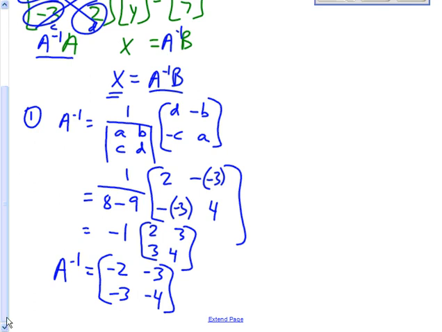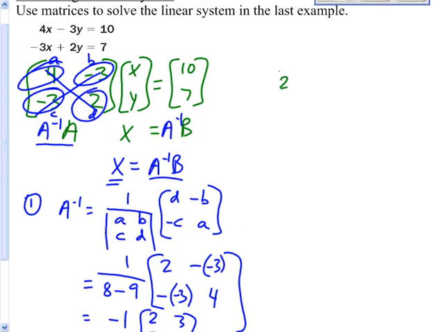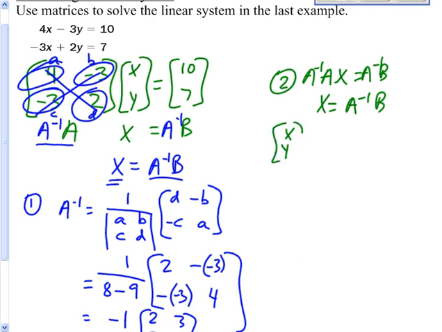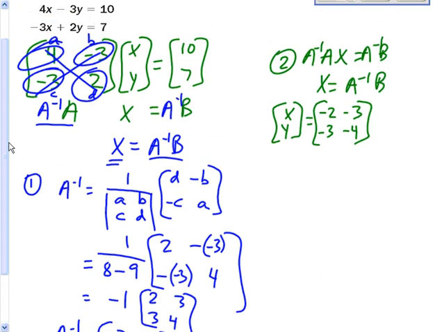Okay, so now let's go to step 2. Since we had AX equals B, we took the A inverse. Matrix X is A inverse B. So matrix X, which is just our matrix of variables X, Y, is A inverse, which we just found, -2, -3, -3, -4, times our matrix of constants, matrix B, which is 10, 7.